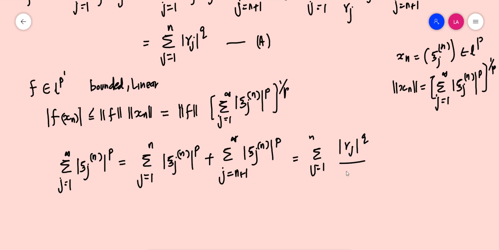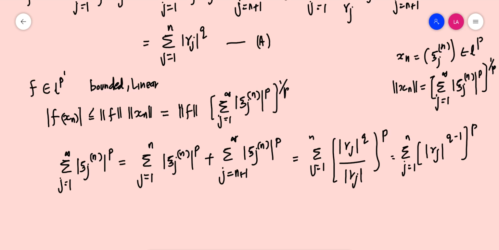If we take the modulus, we get the denominator as modulus of gamma j, the whole raised to p. The rest of the terms are 0, which we can write as the summation j equal to 1 to n of modulus of gamma j the whole raised to q minus 1, the whole raised to p.